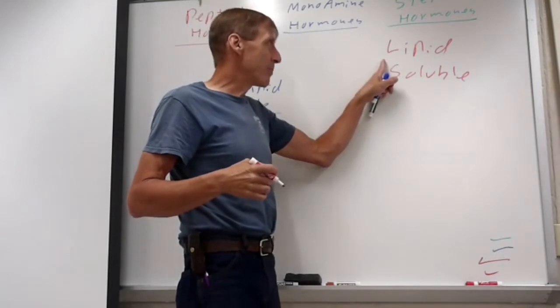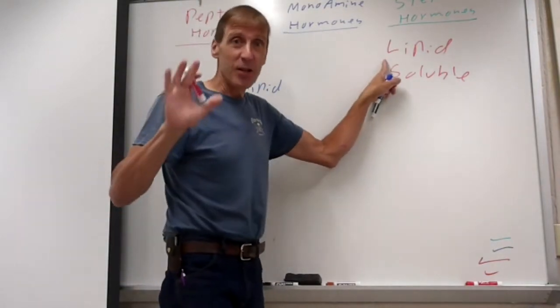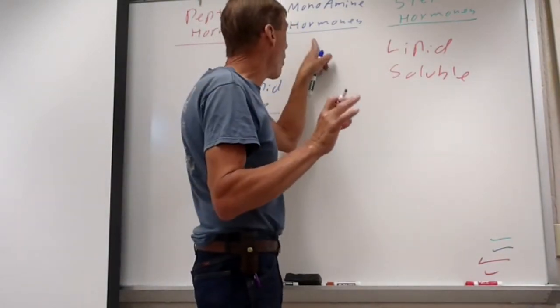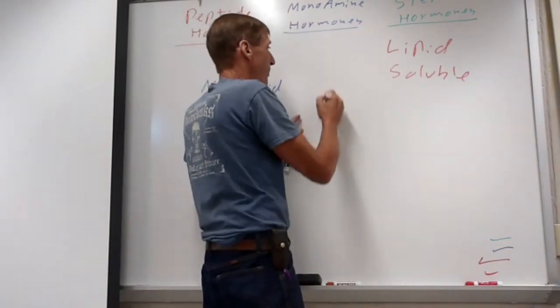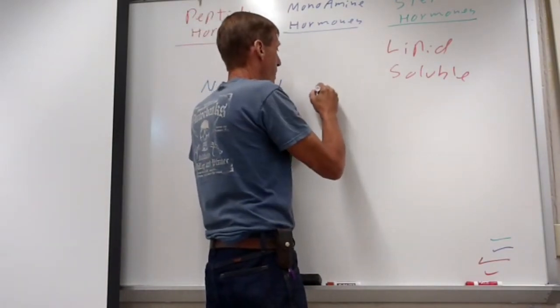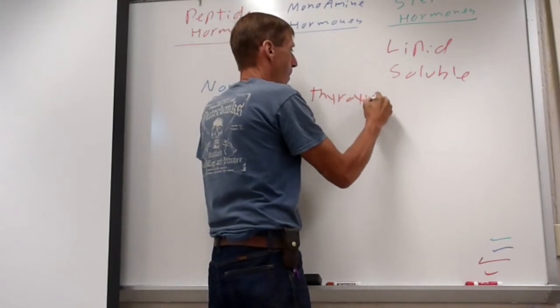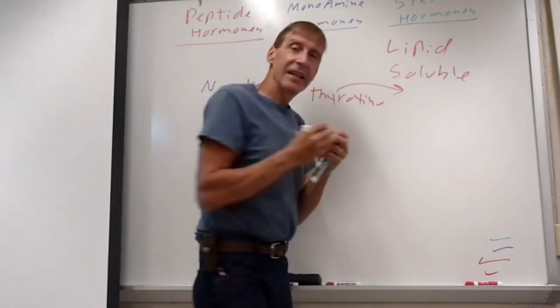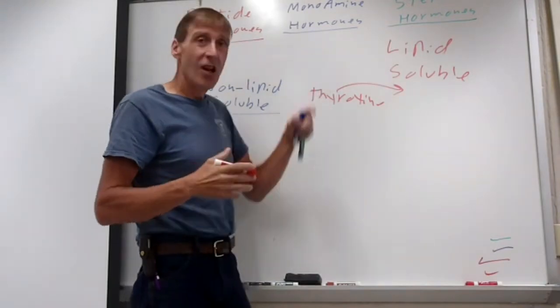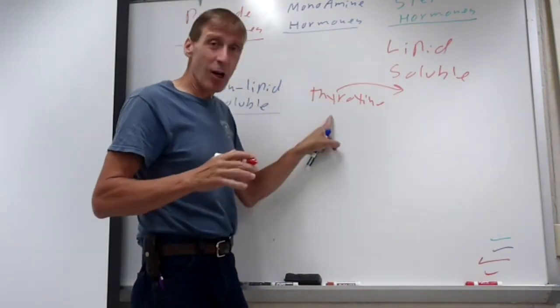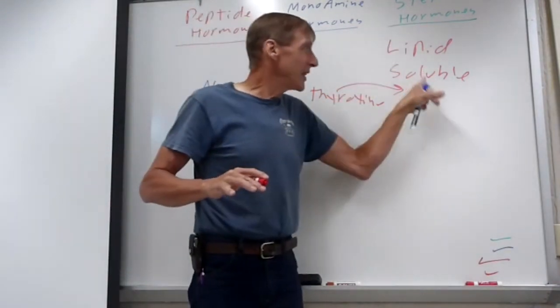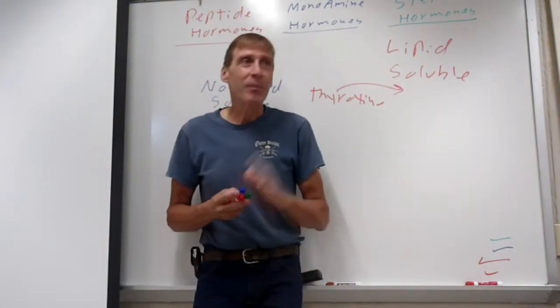Now, the only exception, all of your steroid hormones are lipid soluble, and one of the monoamines is lipid soluble. So all the monoamines are non-lipid soluble except thyroxine. It's the exception. So the only lipid soluble hormones are your steroids and thyroxine.